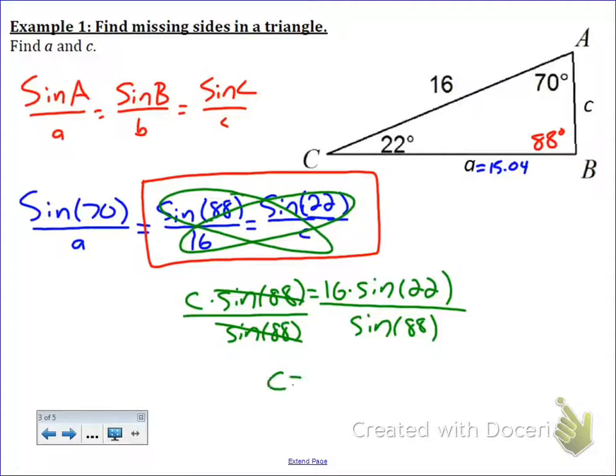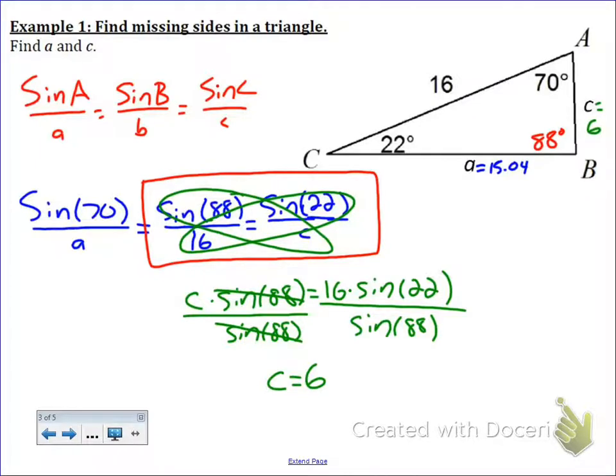Now I'm left with just C, and then again I'm going to put in my calculator 16 times sine of 22 divided by the sine of 88. Make sure we're careful and use parentheses with that. And I'm going to get about 5.997, which we'll go ahead and round up to 6. So C will equal approximately 6 for this case.